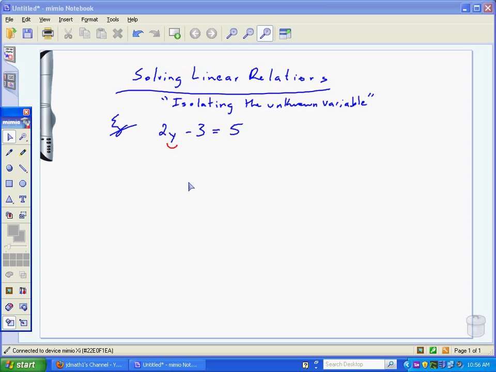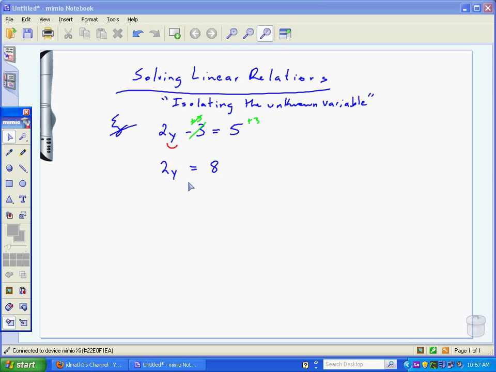How do I do that? You'd say, add the 3 over, because that negative 3 plus 3 on the left-hand side of the equal sign cancels out, gives us a 0. So now I'm left with 2y equals 5 plus 3 is 8.